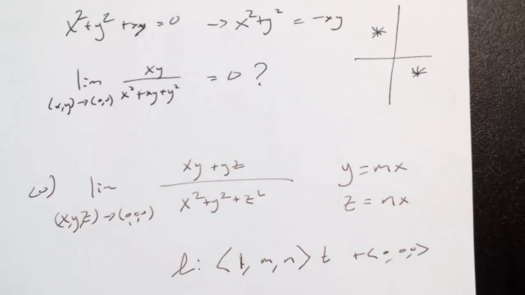It's exactly the same. I want to come in on a different straight line. How do I describe a line in 3D? I need a direction vector. So by creating this as my direction vector to go with those, I can do this substitution.